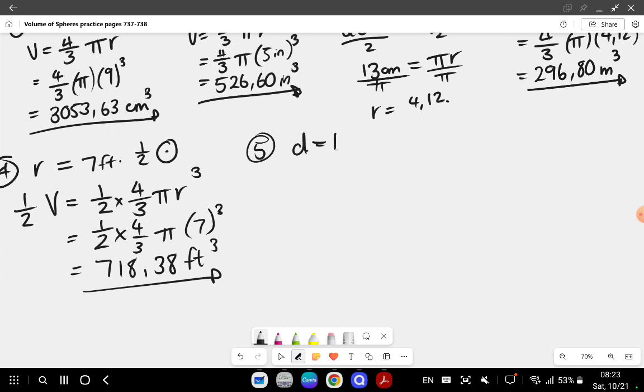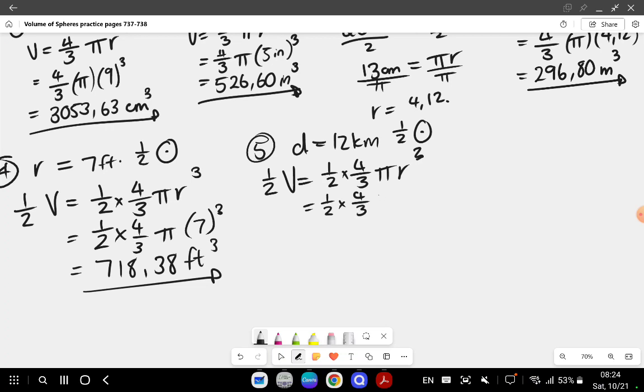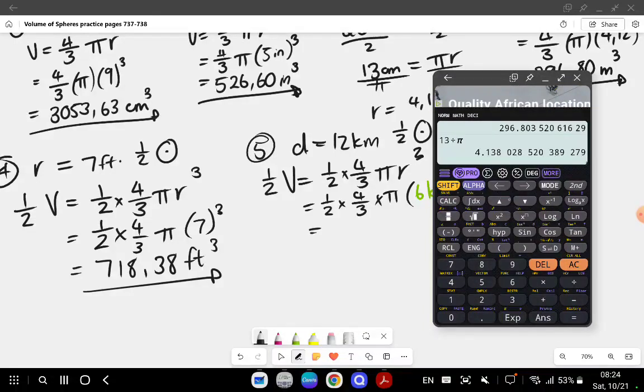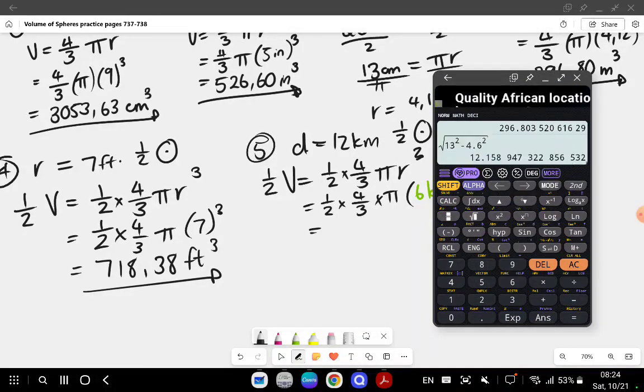Diameter of a hemisphere is 12 kilometers, and it's half of a sphere. So that means half of the volume is half of 4/3 pi r cubed, which is half 4/3 pi 12. No, 12 is the diameter. So my radius now becomes 6 kilometers. And I cube that.